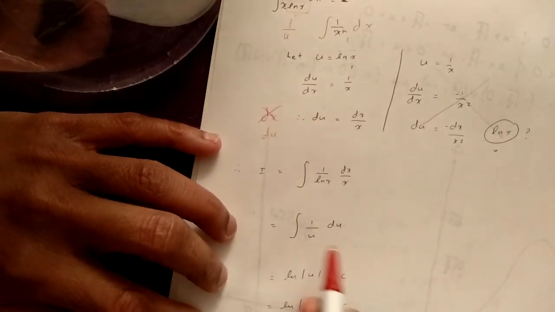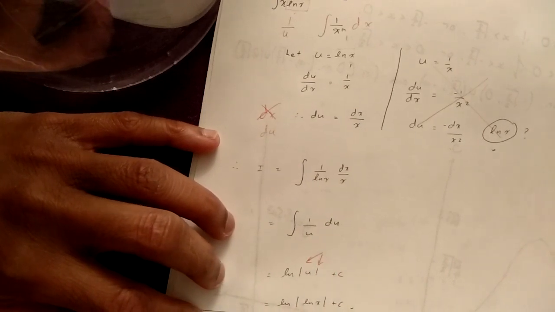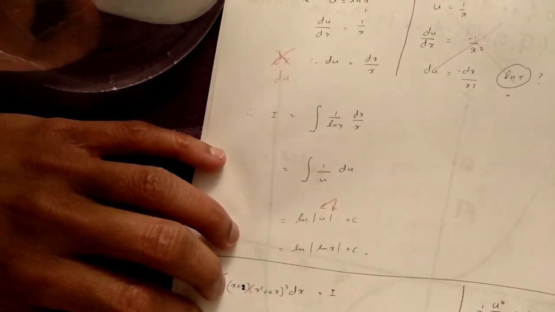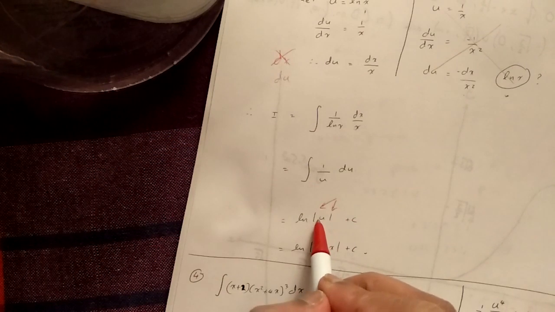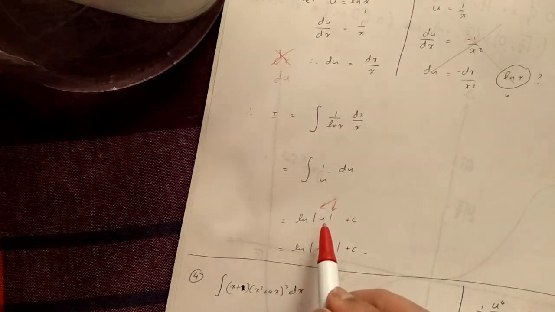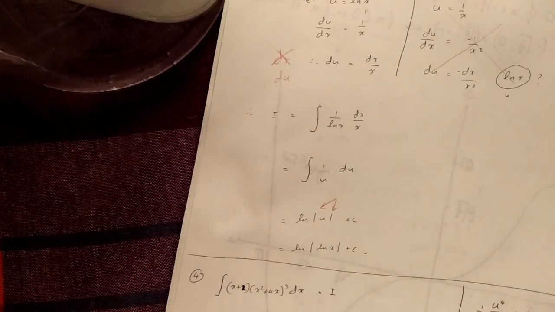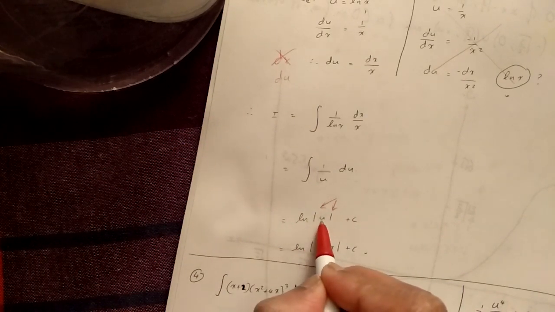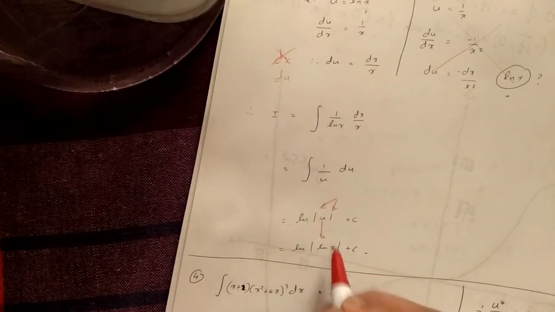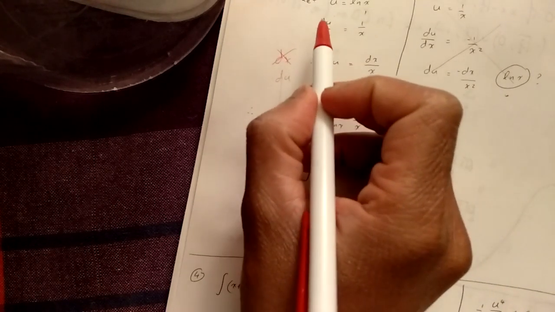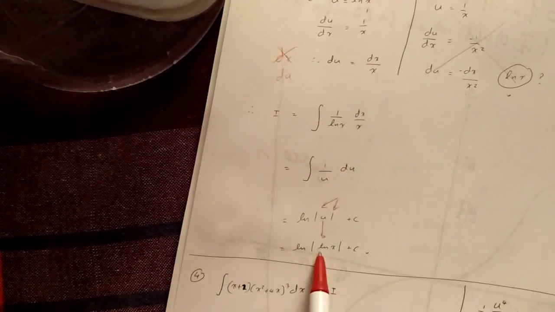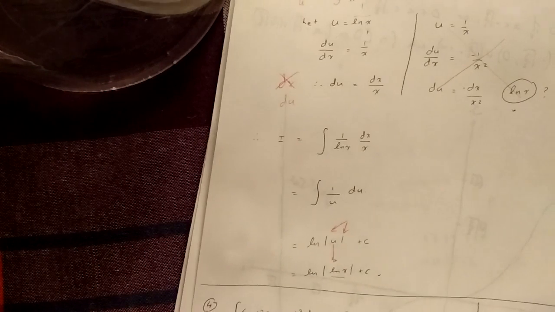So you have this one, and here don't forget to put the modulus signs, otherwise it is wrong, because if you get a negative term, ln x is not defined. And we have the arbitrary constant. Also don't forget to replace these new variables with the original terms.